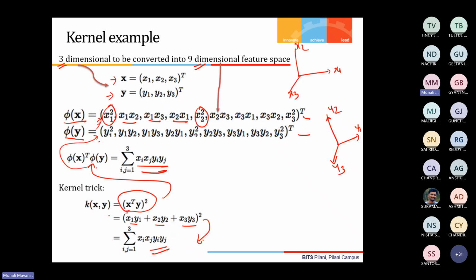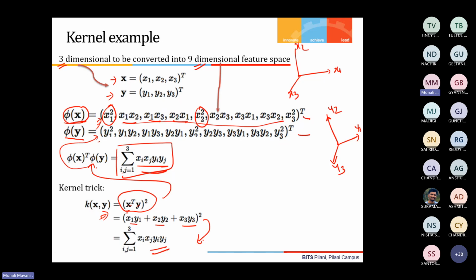So what is the advantage? This is very simple to compute: take the original x and y, perform a dot product and square it, which gives a similar result to individually transforming each data point into the higher dimension, where 3-dimensional data becomes 9-dimensional data, and then performing the dot product.